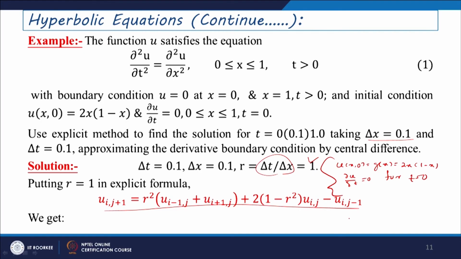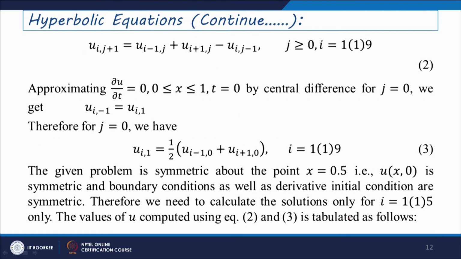So, if we go for the solution for j greater or equal to 0, with i varying from 0, 1 up to 9 here. At i equals 0 the value is known to us, so our computation will go from 1 to 9 points, since at the end point it is also known from the boundary conditions.